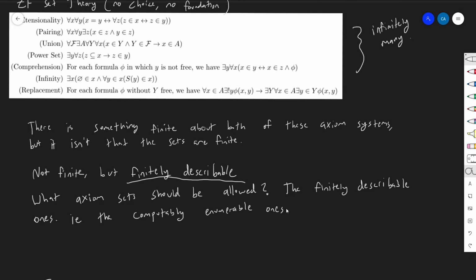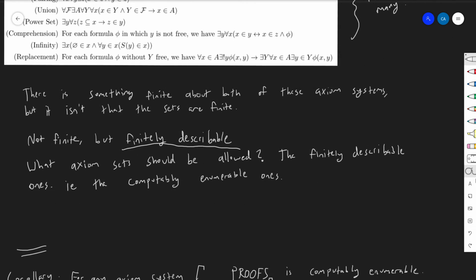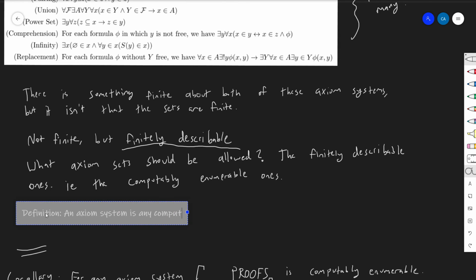So from now on, I am going to assume that all axiom systems are computably enumerable sets. So let me write that down. So that's going to be kind of retroactively built into the definition. So definition: an axiom system is any computably enumerable set of sentences.